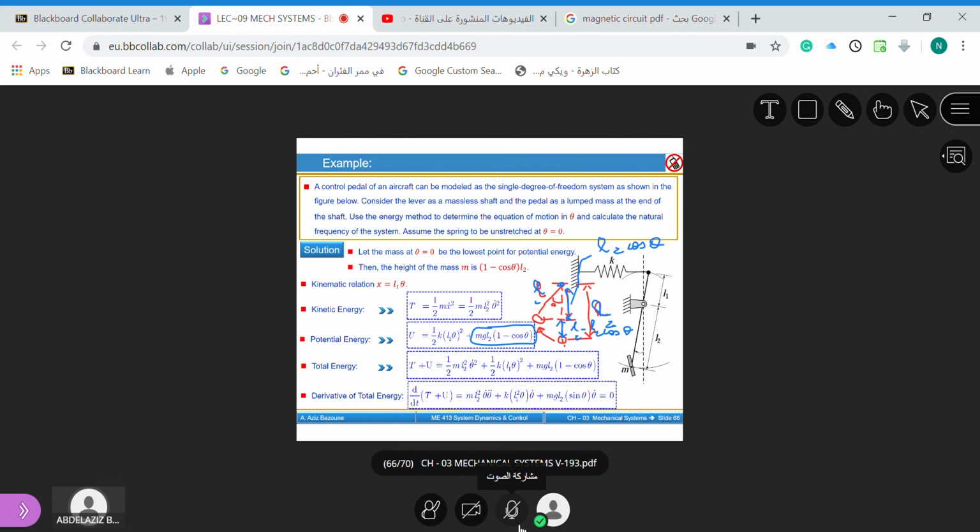Is this clear, Shabab? Is it clear? I will repeat. So the original length is here. Just follow me slowly. The arm is L2. The mass is here. The mass is moved a distance like this from here.